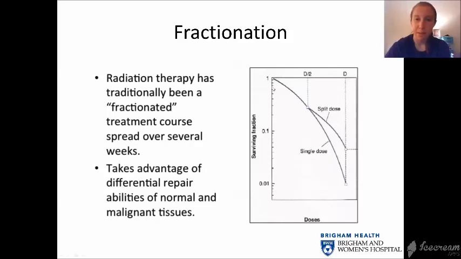Here we have a cell survival curve again, surviving fraction as a function of dose, and this is typically what I've been showing throughout the talk, a single dose, so just one hit, and you ramp up the dose. Now if we split it into two, you have a split dose. The surviving fraction, as you can see, is a lot higher compared to the single dose. But there is a reason for that, and we'll get to that. And just remember, we're not just dealing with the tumor cells, we're dealing with the normal tissue.